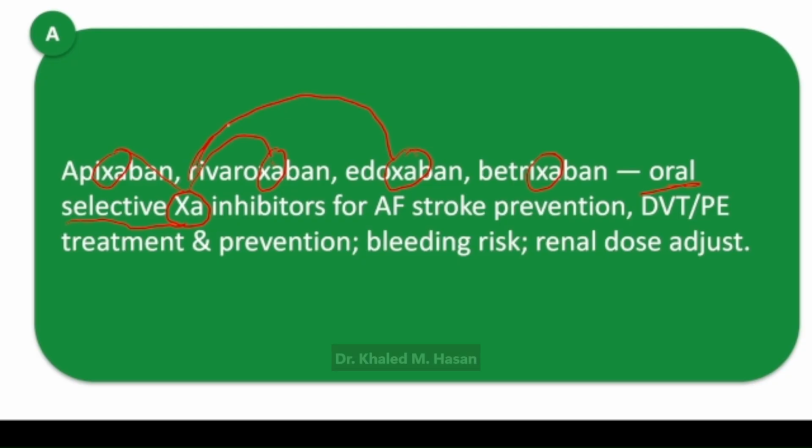You have factor 10A. This medication is prescribed for patients with atrial fibrillation, stroke prevention, deep vein thrombosis, and pulmonary embolism, for treatment or prevention. This medication carries the risk of bleeding, and if the patients have renal impairment or renal disease, we need to adjust the dose.